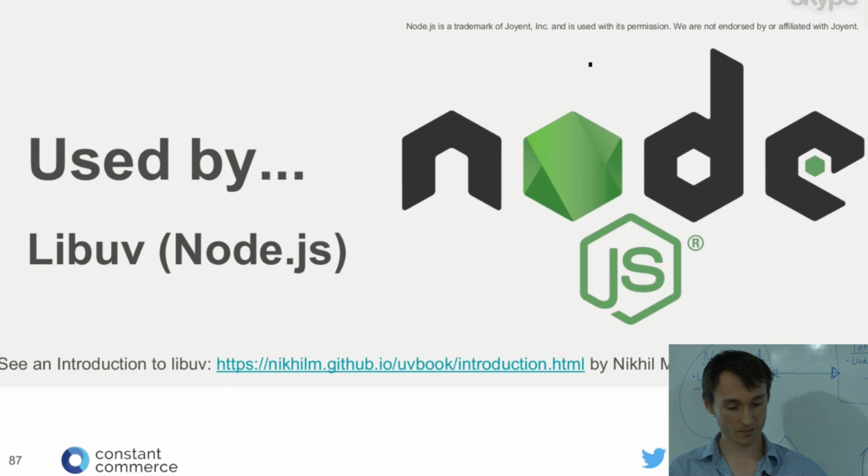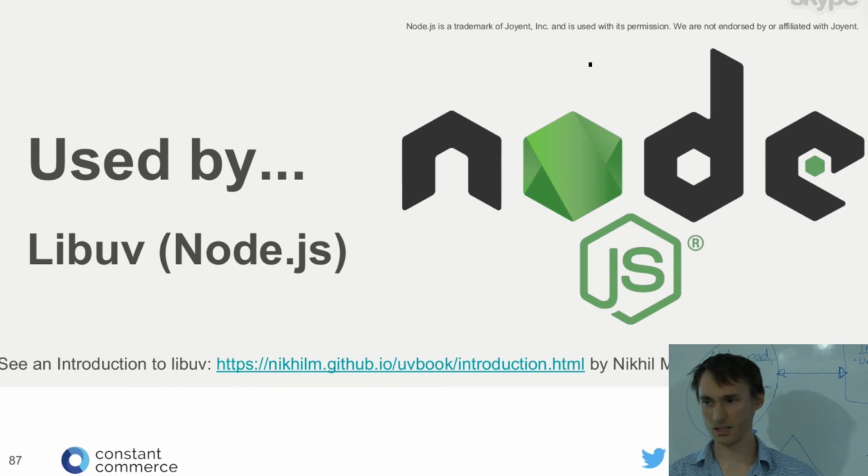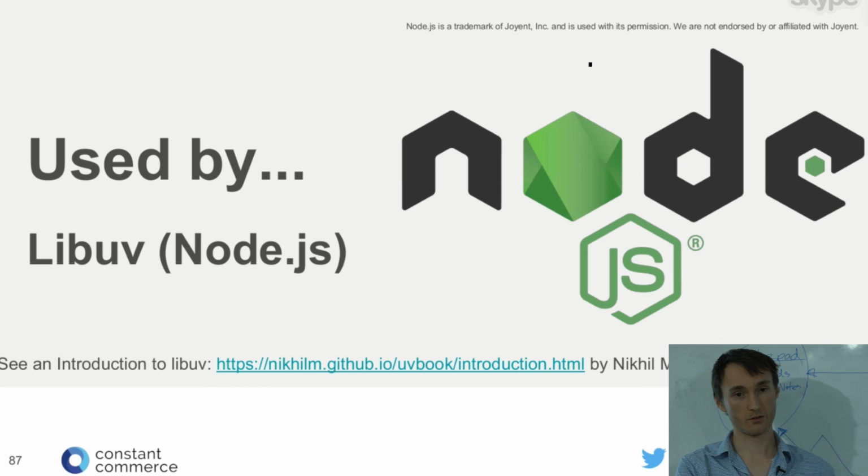That's the quite clever thing with Node. By the way, Node has been written in C++, right? But the event loop is actually not in Node, it's in an external library.